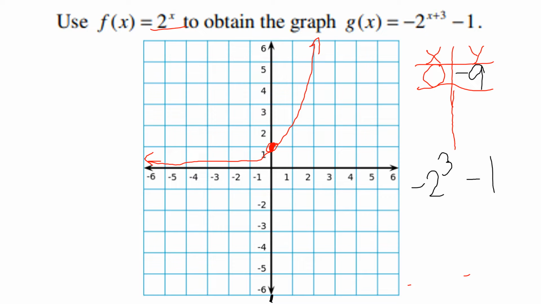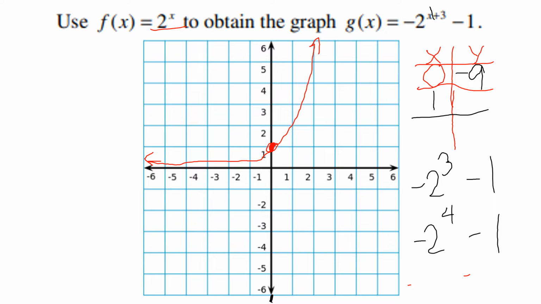If I was to include a positive number, the graph is going to be further in terms of y, smaller. Because if I was to plug in 1 here, just to show you, so negative 2 to the power of 1 plus 3, which is 4, minus 1.